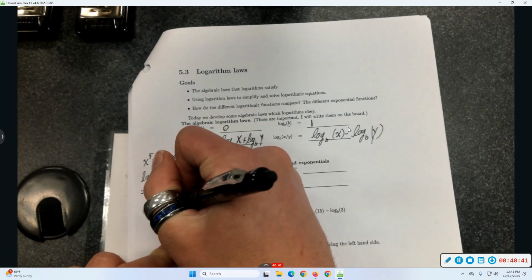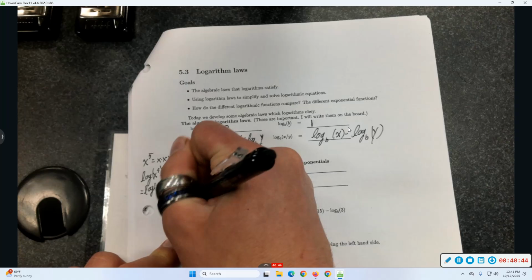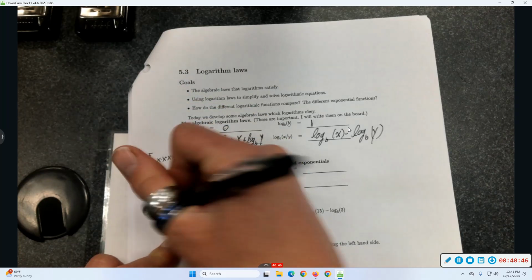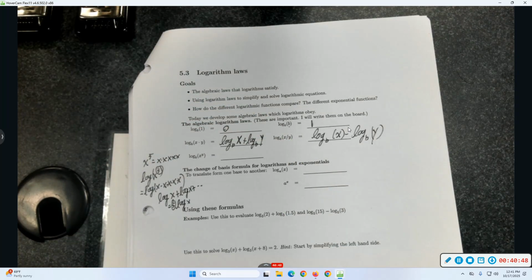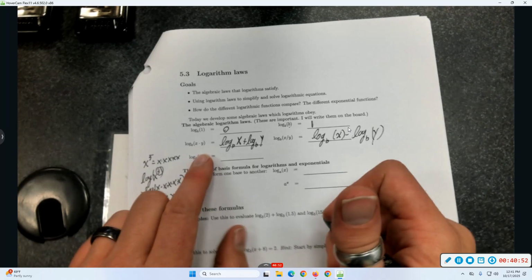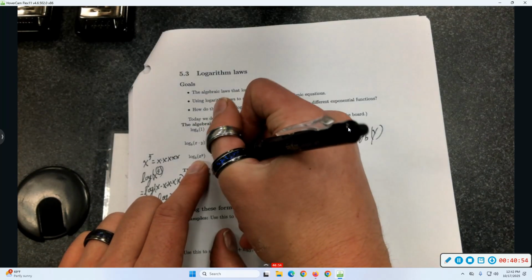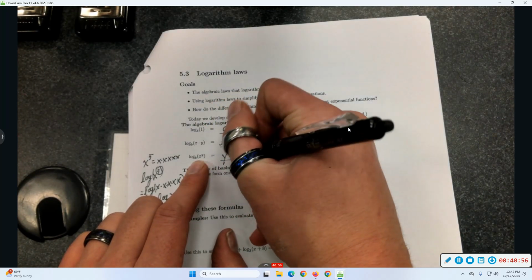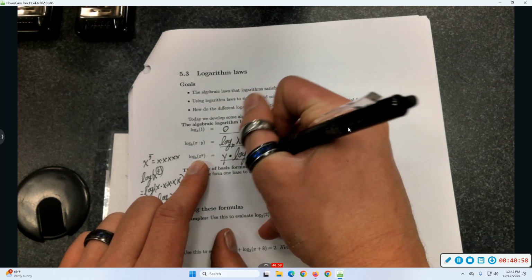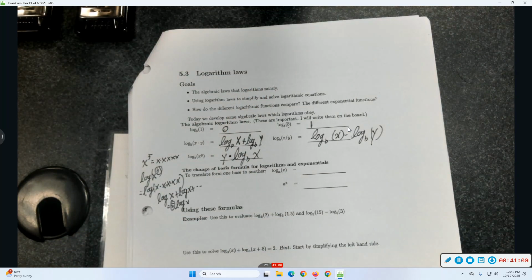That's the same as just 5 log x. So it looks like this 5 could pull out front as a multiple. Think we could do that for any exponent? Yeah. Log base b of x to the y is the same thing as y times log base b of x.